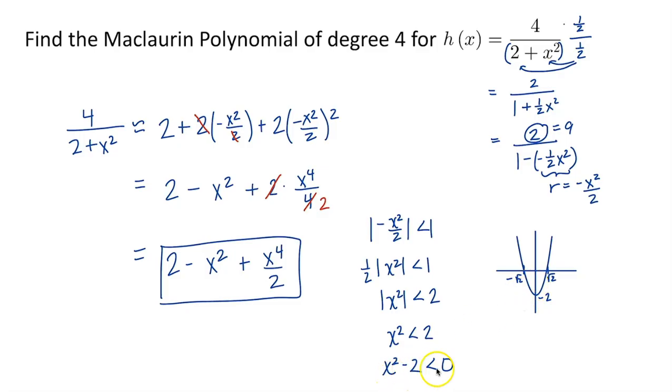So when we solve this inequality, we can think about when this is less than 0, or below the x-axis. And so that's going to be all the set of values between negative radical 2 and positive radical 2. So for these x values, that's when this function is approximately this Maclaurin polynomial.